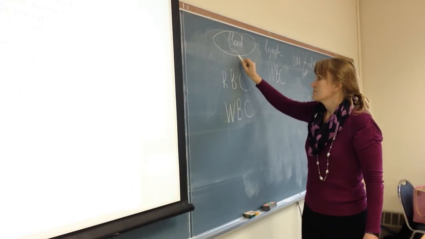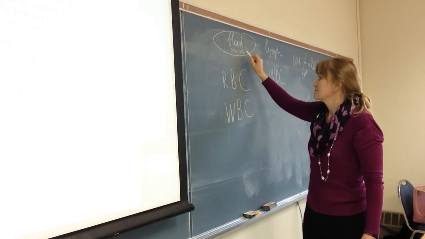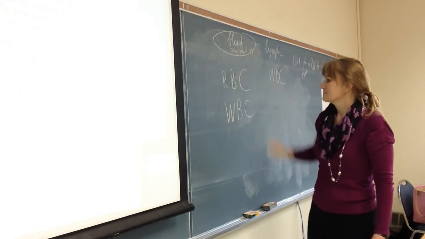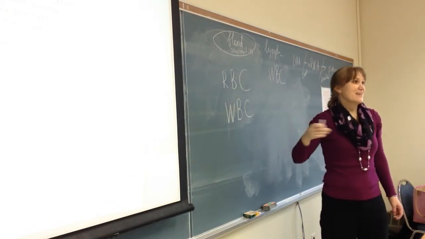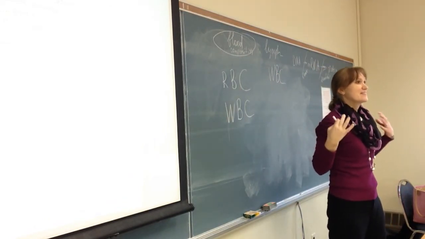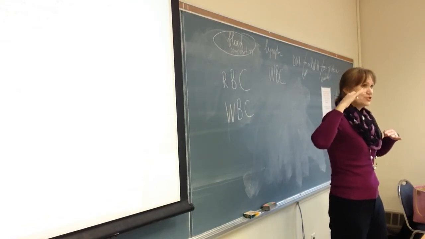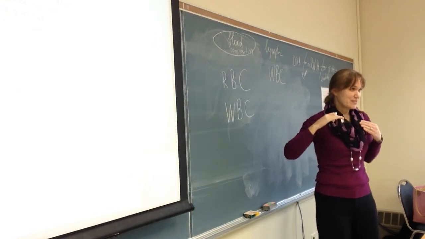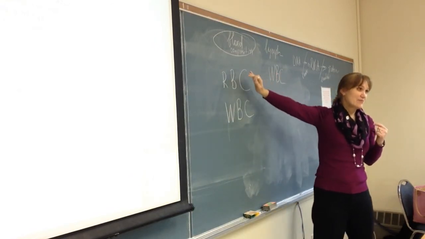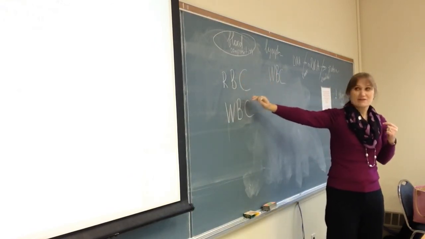Blood composition. I want you to know function of red blood cells. Once again, it's just a summary of 2 chapters, and we're kind of going quickly through the material. So I'm pointing out the most important things.